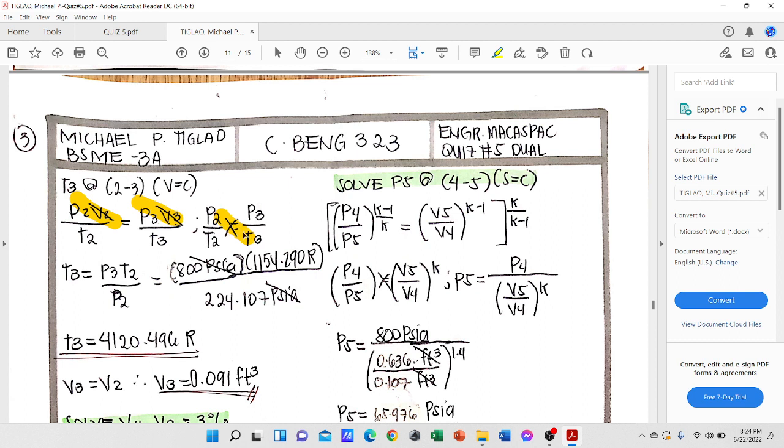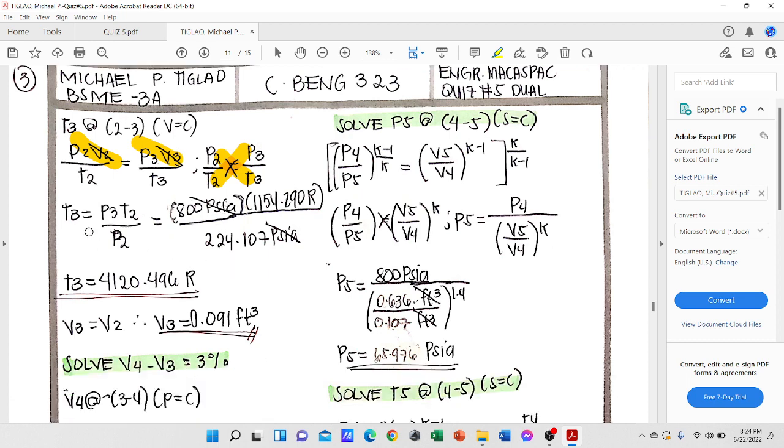To get the final formula for T3, I cross multiply. Then, the final formula is T3 is equal to P3 multiplied by T2 all over P2.